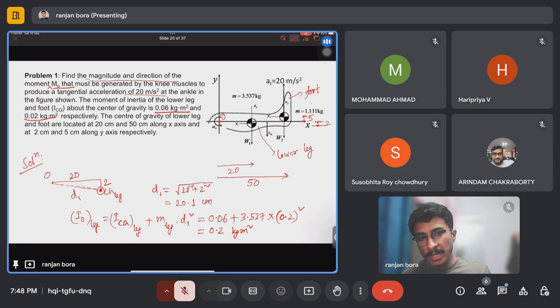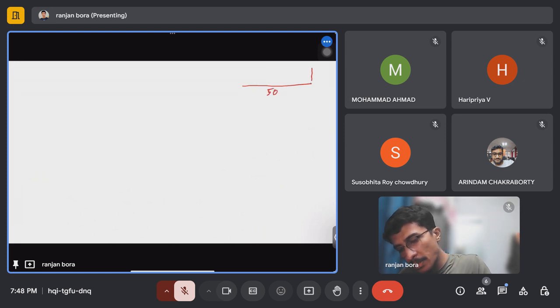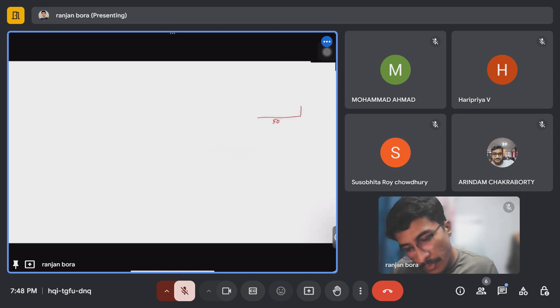And similarly, we need to find out the moment of inertia about point O for foot. Foot is located at a distance of 50 and this was, I think, 5.